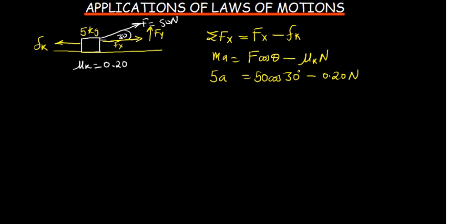We're going to calculate that. We see what we're going to get. So first I'll work out 50 cos 30. So this is going to be 5a is equal to 50 cos 30. That will be about 43.3 minus 0.20 times normal force.